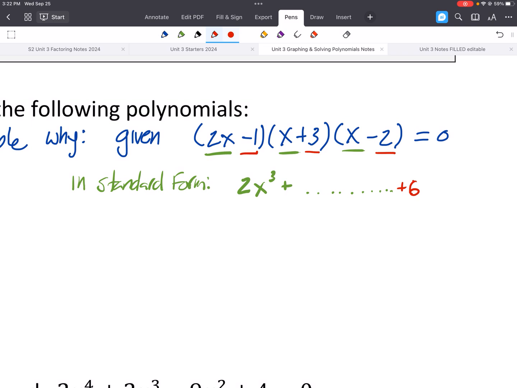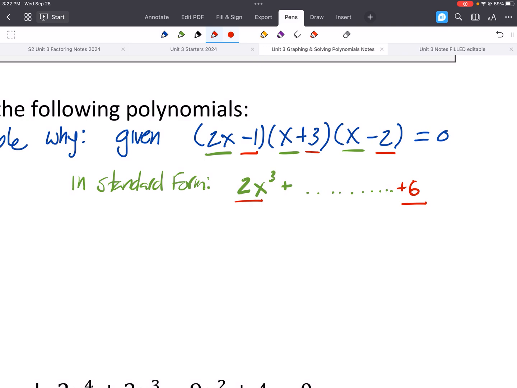These two numbers are the things needed to come up with the factors. So it's all about the leading coefficient and the constant.